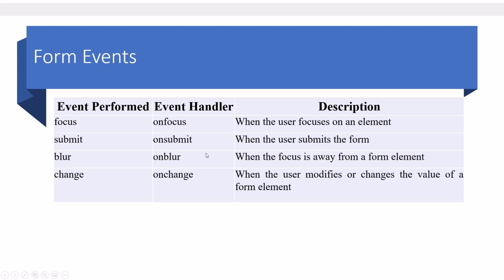Then blur, with the event handler onblur, used when the focus moves away from a form element. And the last one is change. The event handler is onchange, used when the user modifies or changes the value of a form element. So these are the four types of events used for forms.